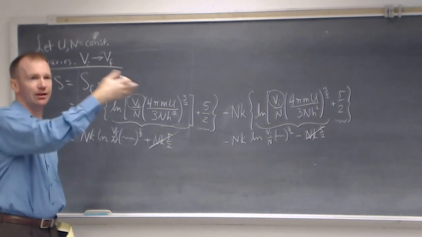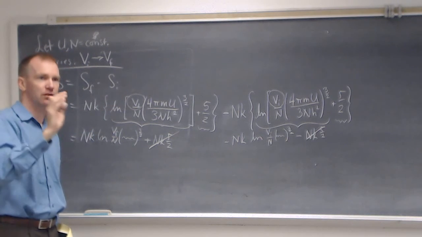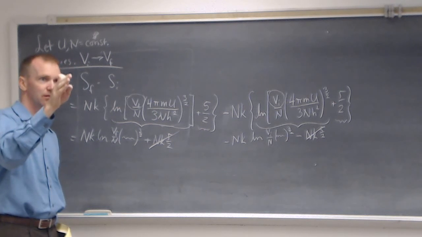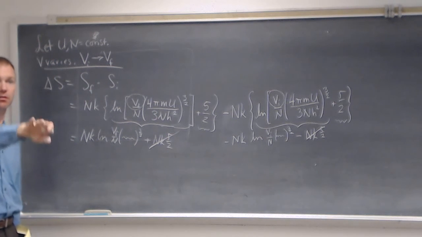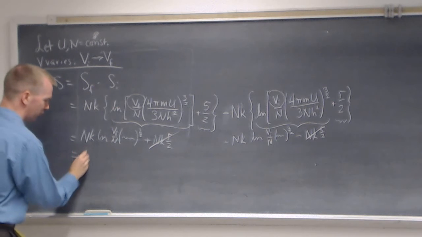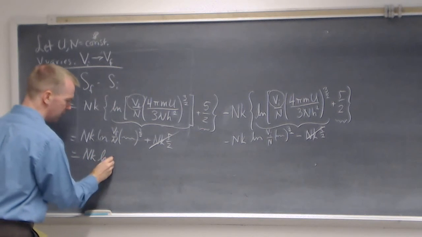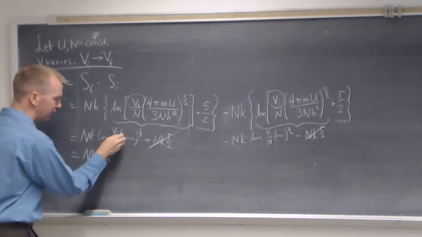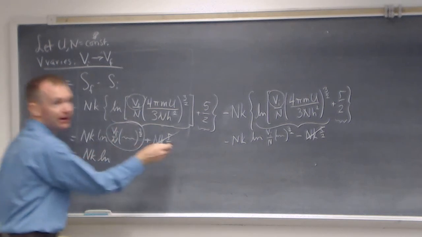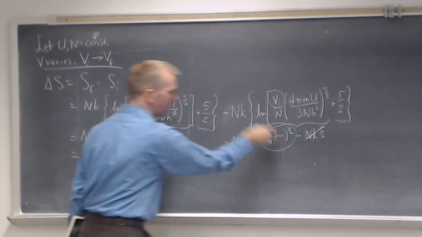Natural log of A minus natural log of B is the natural log of A over B, right. So we've got nk times the natural log of this here divided by that there.